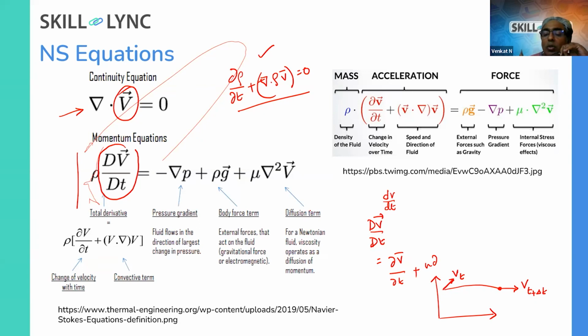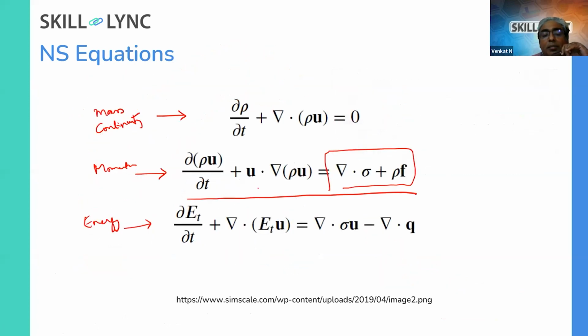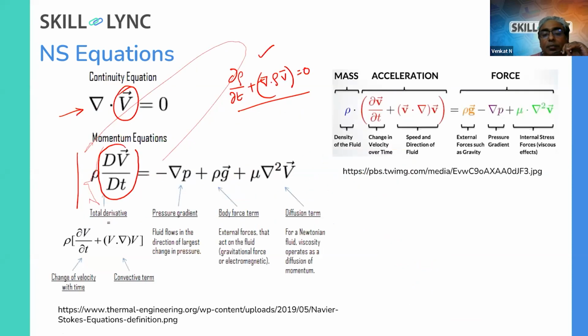So this substantial derivative captures not only the change of velocity magnitude with respect to time, but also, because it's a vector, the direction also is changing. The directional part also is captured in this dV by dt. This term is capturing the directional part of the velocity change.